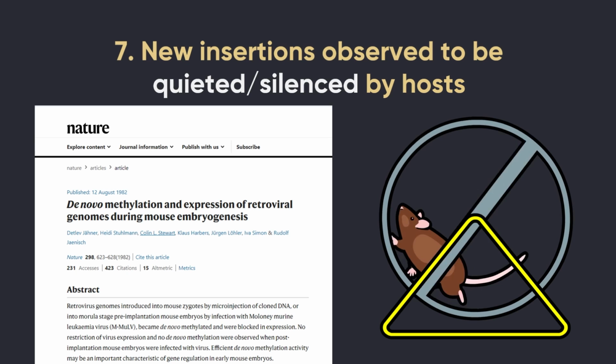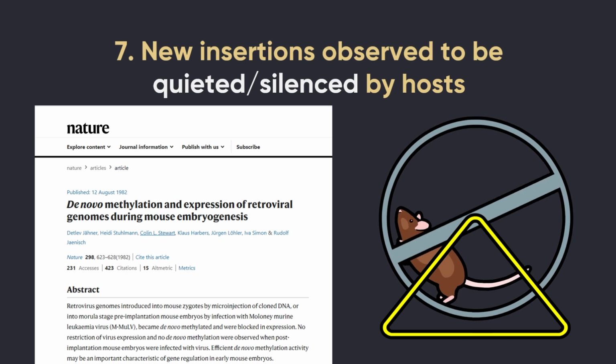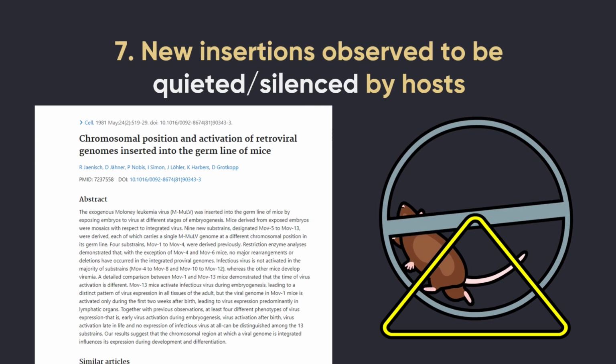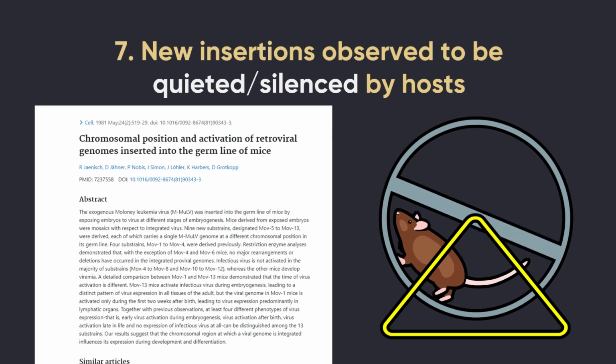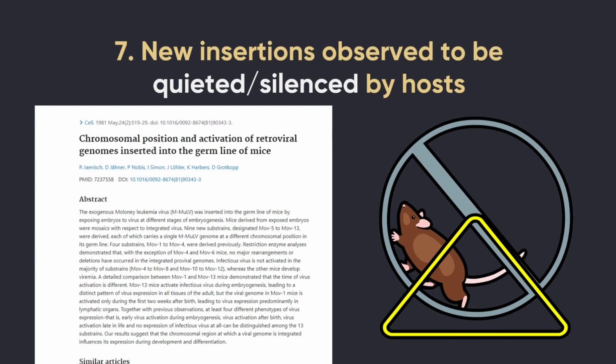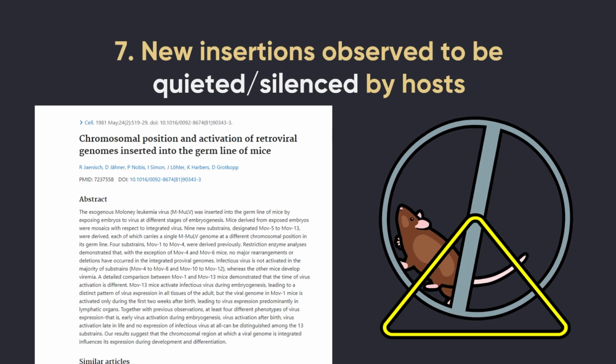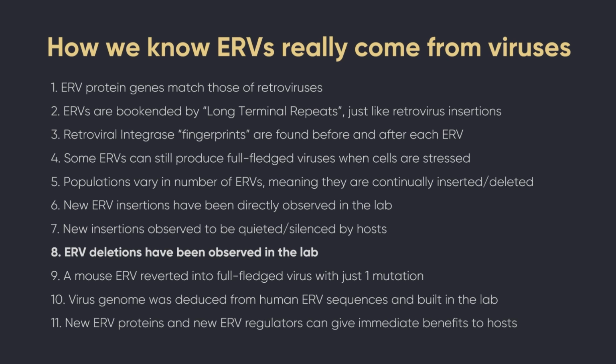Cells will try and silence a virus, make it so it can't do its naughty virus stuff, even though it's in the genome there. And there's a bunch of studies on that. These are adaptations that we must have evolved because this is a common thing. We have these viruses that pop up in our genomes and we have to deal with them. So these adaptations exist in us already.